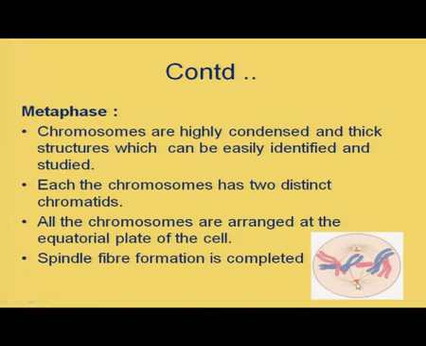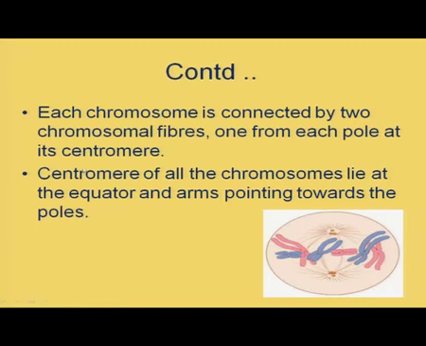Now, what happens to the spindle fiber regarding its formation? Spindle fiber formation is completed in this stage. Each chromosome is connected by 2 chromosomal fibers. This is one chromosomal fiber starting from one pole and this is the other chromosomal fiber that starts from the other pole.